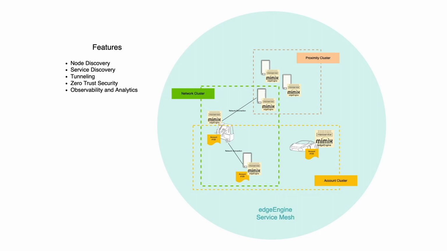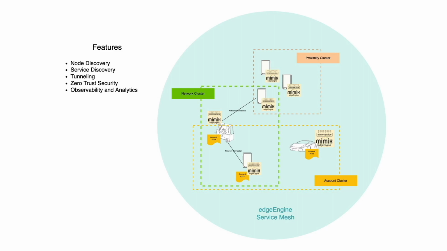The other one is the network cluster, which will give you access to edgeEngine devices in a network domain or in your local area network. And the third thing that the service mesh allows you to do is to access services based on the account that the service belongs to.